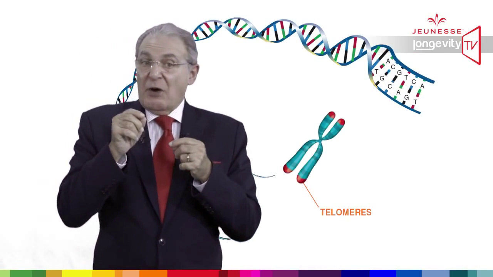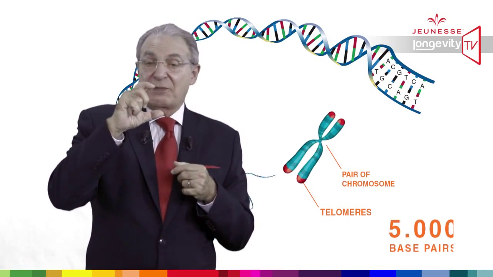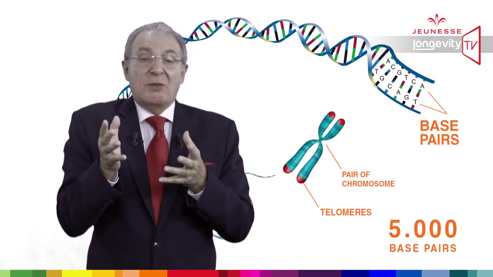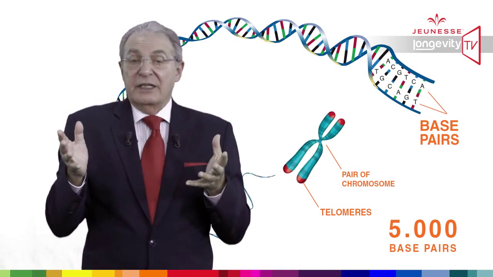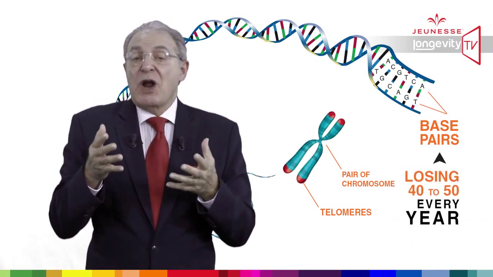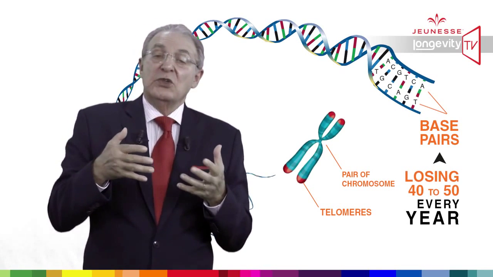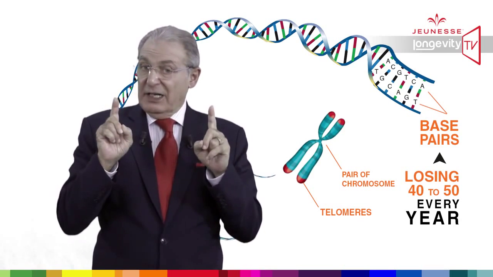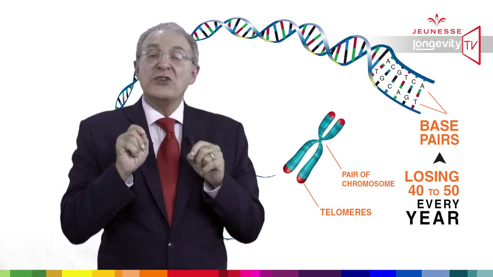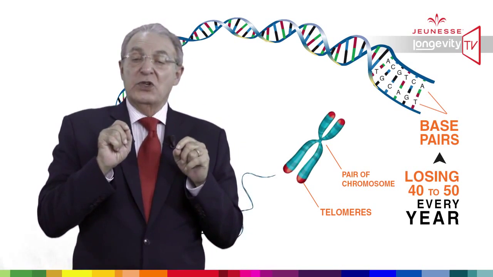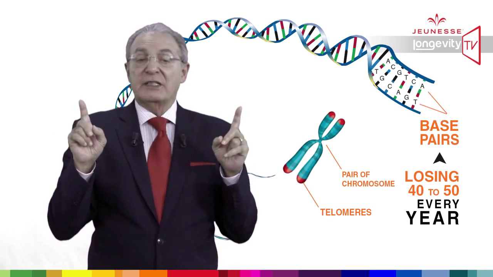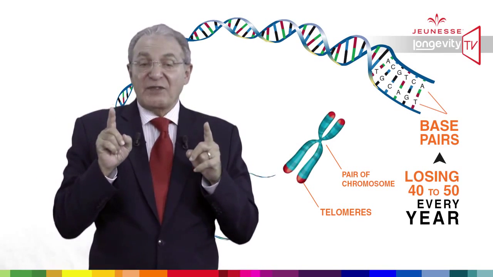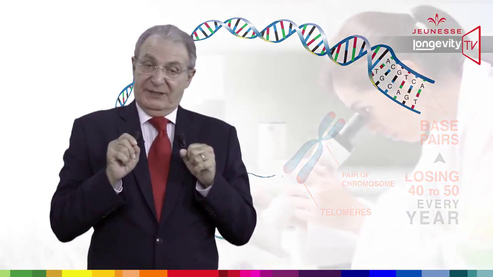When telomeres are reduced to 5,000 base pairs, our cells become senescent and die. We are losing approximately 40 to 50 base pairs every year. So theoretically, it should take 120 years to get all our telomeres reaching these 5,000 base pairs.